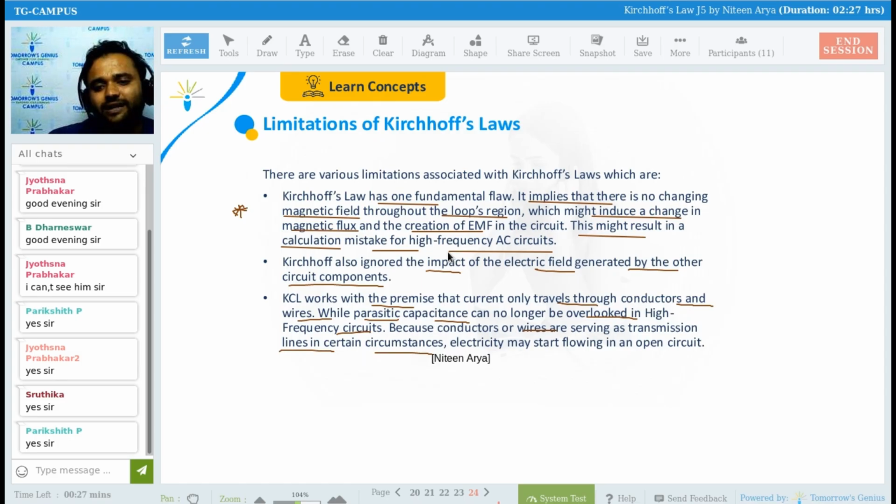In certain circumstances, electricity may start flowing in an open circuit also. This is a little more complex concept. There is a current passing through without any connection also. We're going to understand how, where, why. So in that particular scenario, KCL is not going to hold.